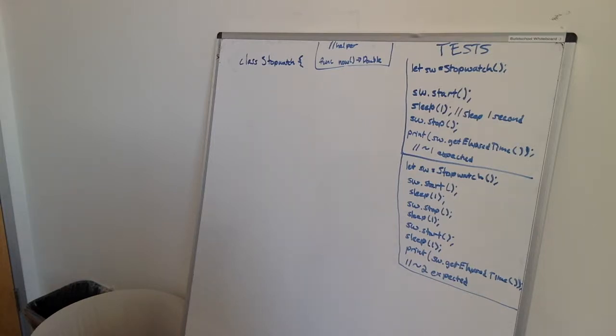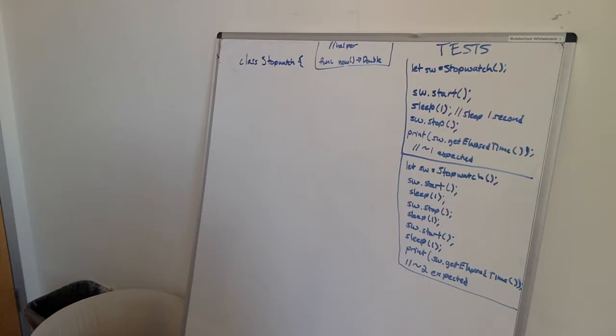So as soon as we start, we're going to get the system time. Another Boolean could let us know whether we're going or not. Actually, do I need that?